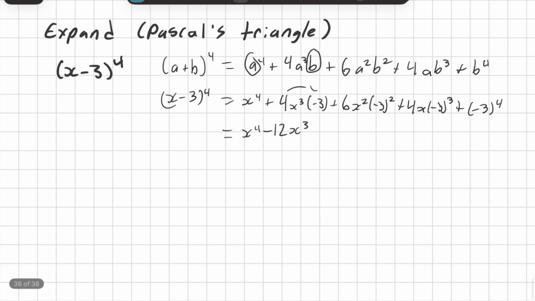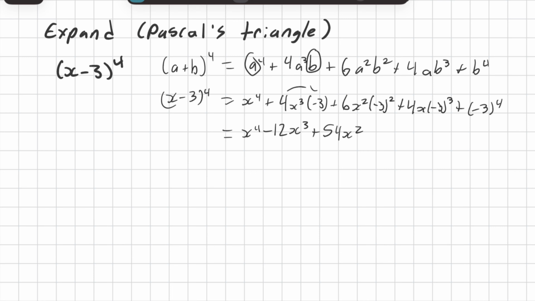And then we have 6 times negative 3 squared. Negative 3 squared is just 9. So 6 times 9 is going to end up being 54. And then 54 times x squared is just 54x squared. And now we have negative 3 raised to the 3. So that's going to end up being negative 27.